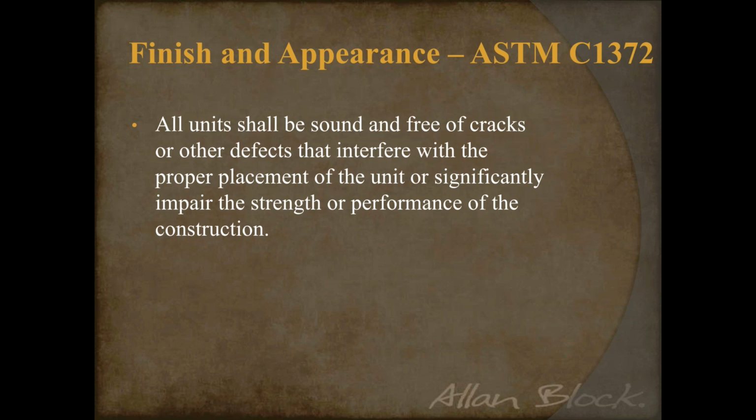Okay, all units shall be sound and free of cracks or other defects that interfere with the proper placement of the unit or significantly impair the strength or performance of the construction. That's a mouthful, and I think an engineer must have written that. But if your blocks are a 1/4 inch in height difference, that doesn't meet the requirements. So those are a couple of things that you'd want to definitely look for.